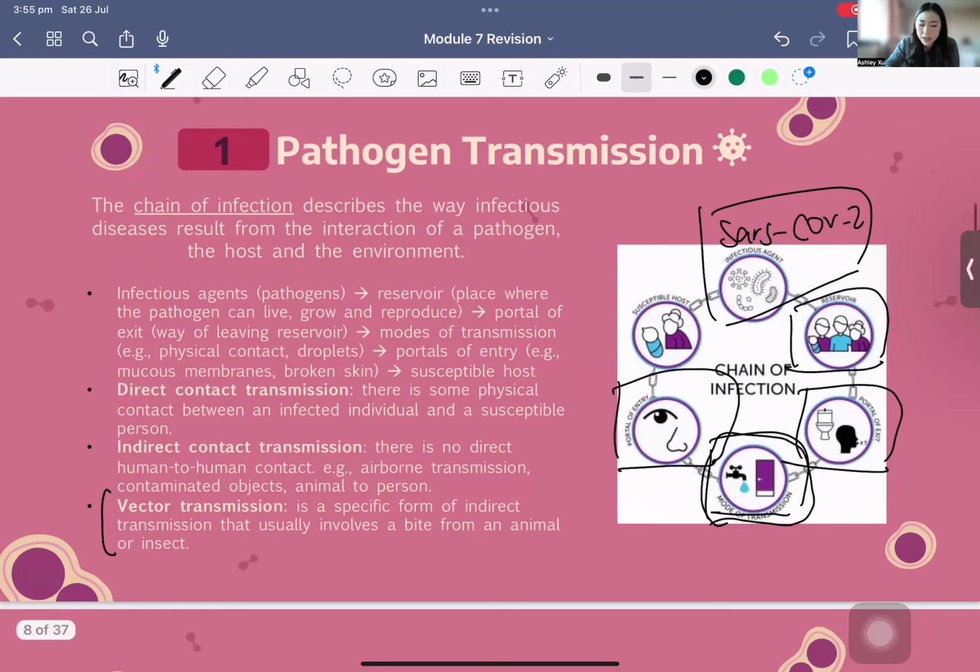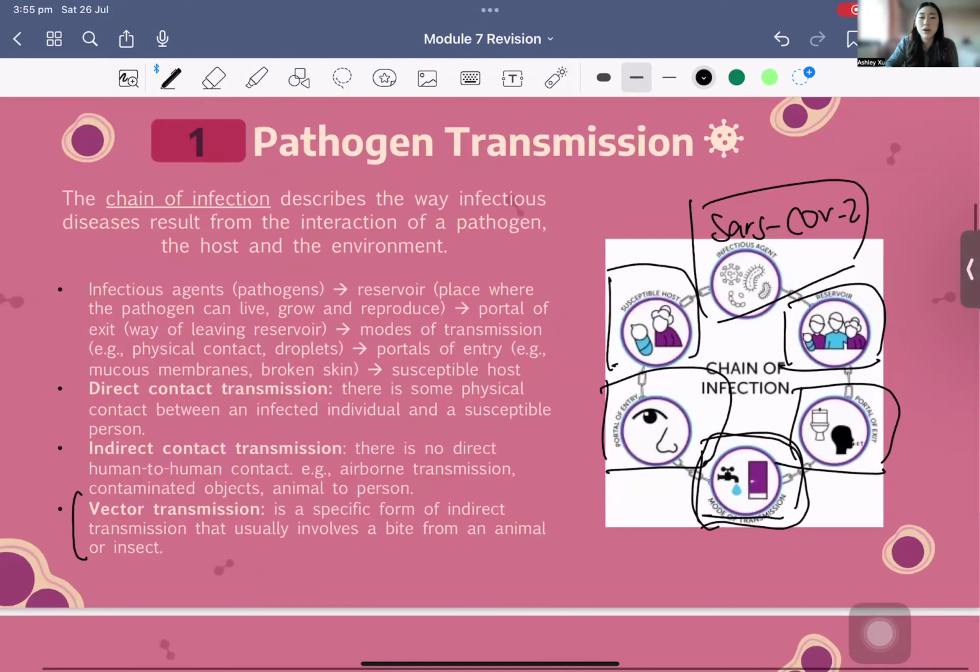All right, moving on. Just because it has entered our body, it doesn't mean that virus or COVID-19 can actually spread within us. Okay? If we're immune to that disease already, then the virus is not going to be able to reproduce because our immune cells get rid of it. We need a susceptible host to finish off the chain of infection. Okay, what does susceptible host mean? It means someone who can be infected by that virus.